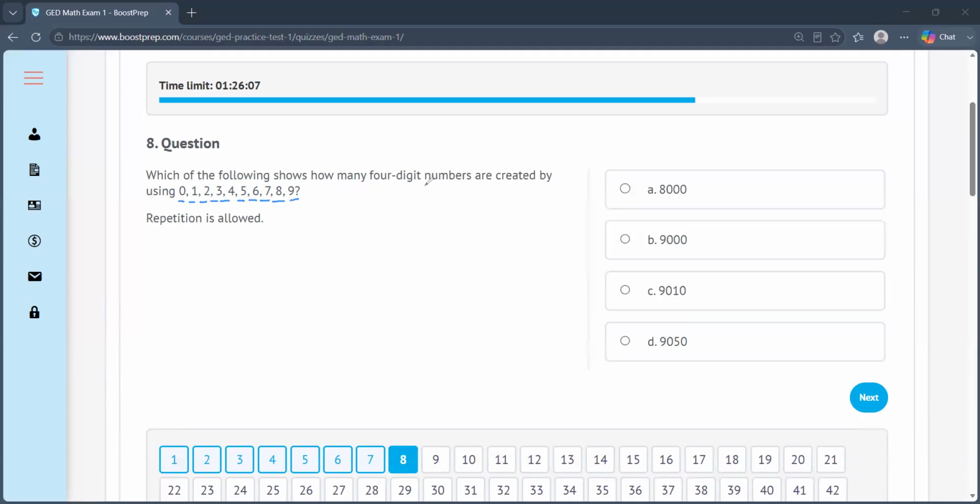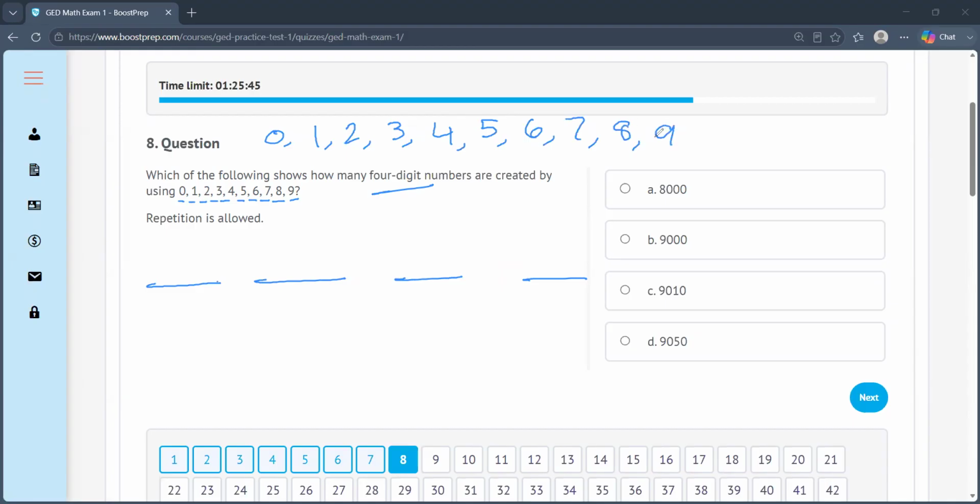So we have a four-digit number. So let's write out a four-digit: 1, 2, 3, 4. So between 0 and 9, how many numbers are there? From 0, 1, 2, 3, 4, 5, 6, 7, 8, 9.